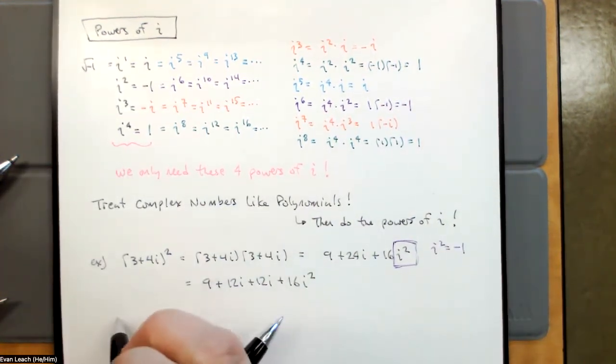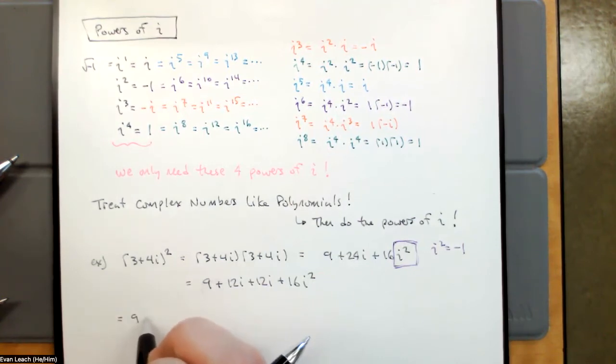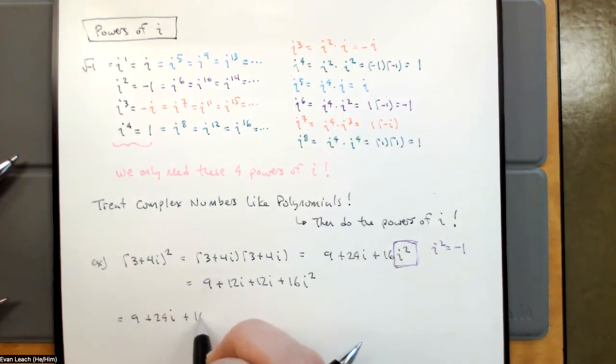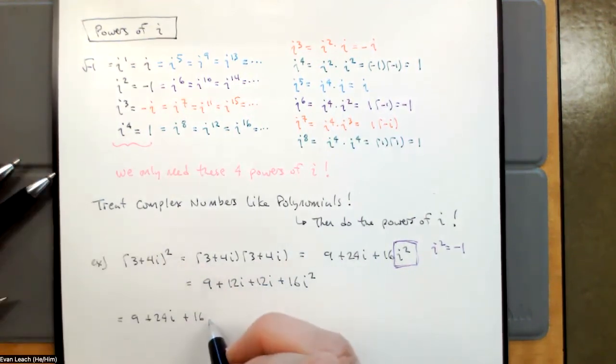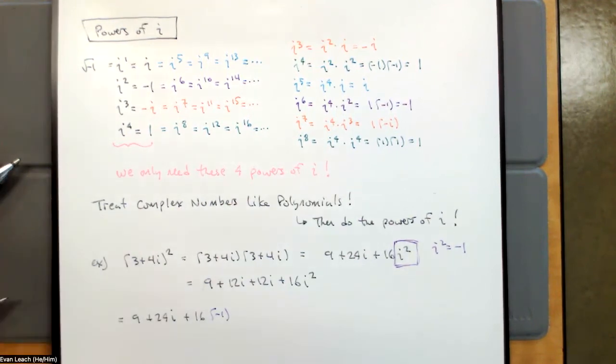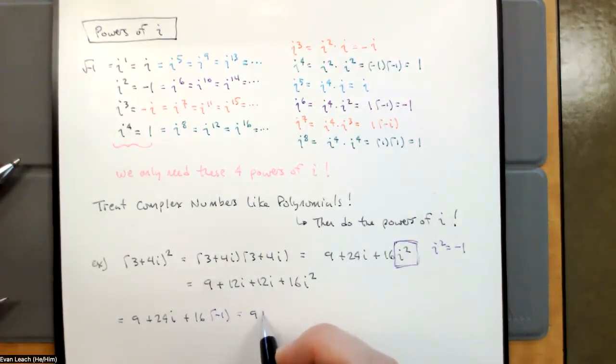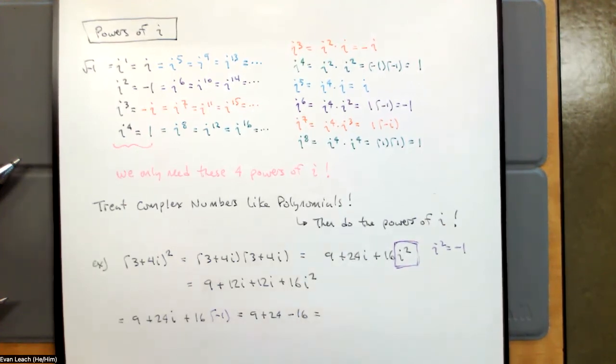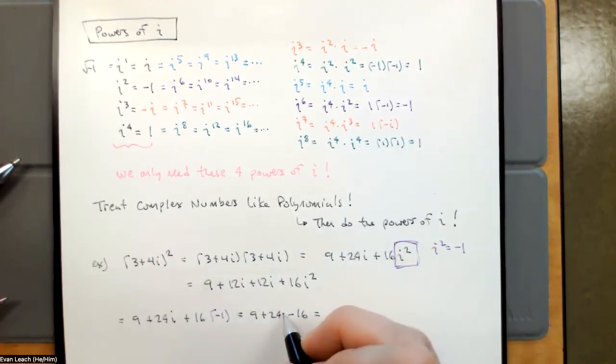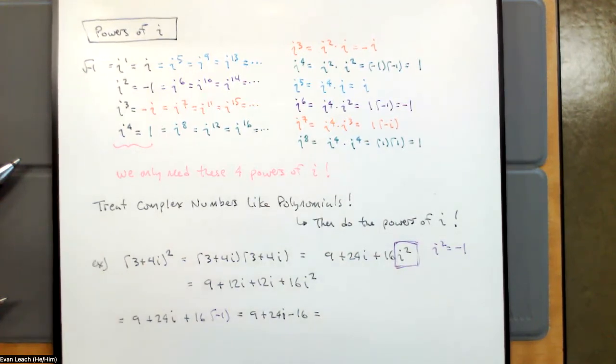So we have 9 plus 24i plus 16 times -1. So the 16i squared is just -16.